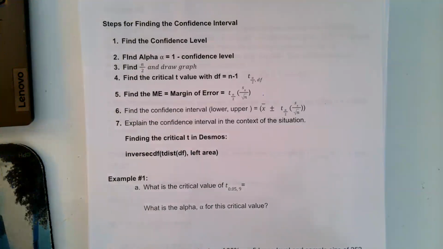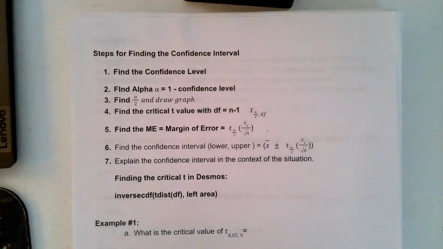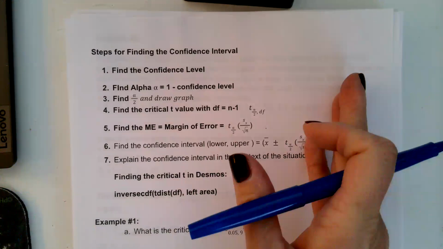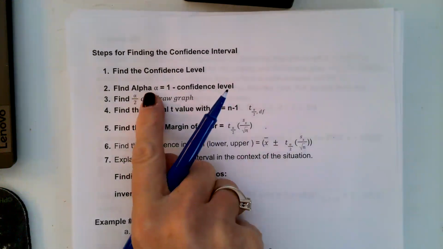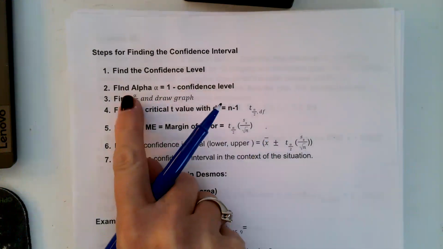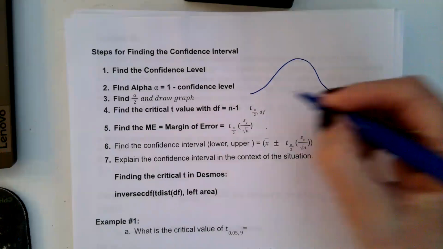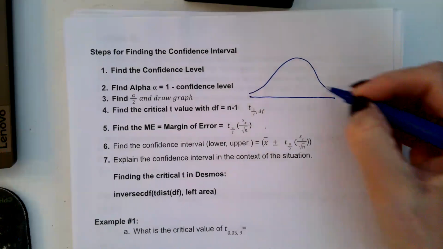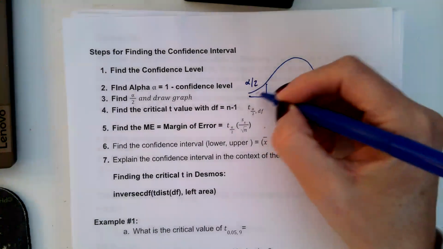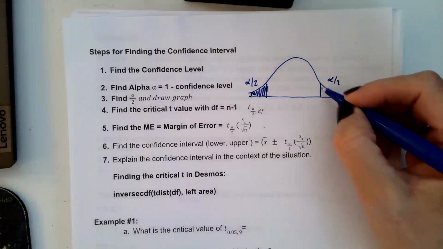Okay. So steps for finding the confidence interval. We're going to find the confidence level. Okay. They're going to tell you that in this story. Then we're going to find alpha. Alpha is equal to 1 minus your confidence level. You're then going to take alpha and divide it by 2 because we're cutting our alpha in half. So we're going to have half of our alpha over here and half of our alpha over here.